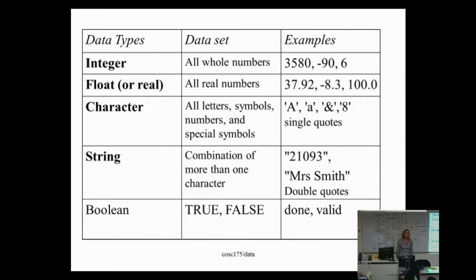So what happens if the numbers get really big? What happens if the numbers get really big? Okay, so what do you think the largest number? Let's go back to my handy-dandy calculator.